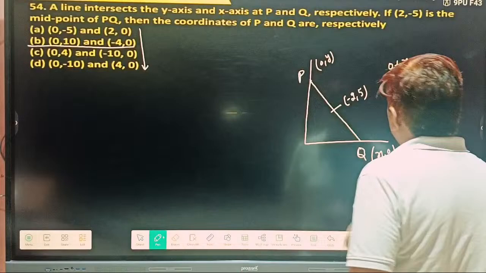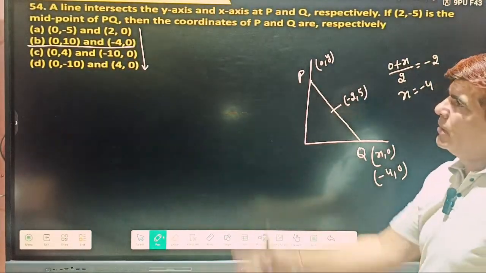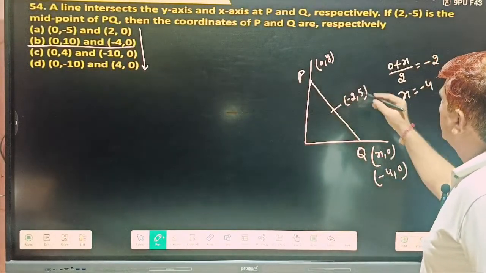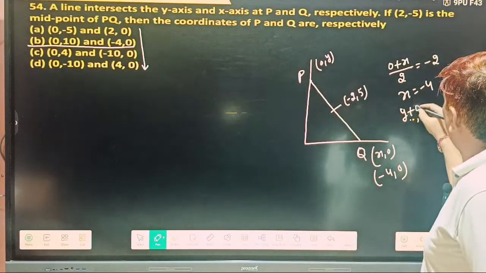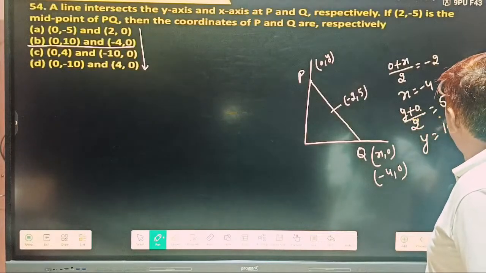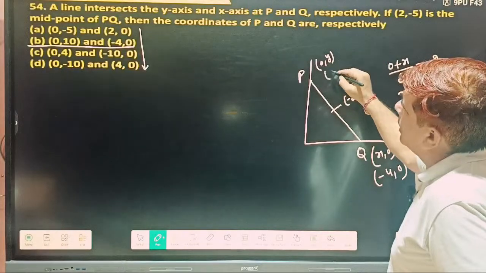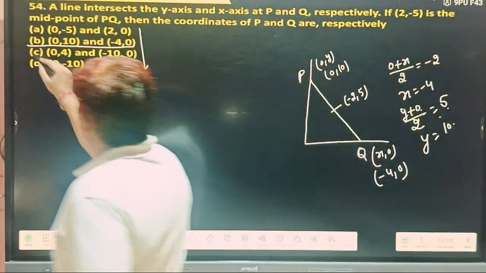Minus 4 and 0. If doing multiple choice in a competitive exam, directly say this is the answer. And if here, then y plus 0 by 2 equal to 5. So y equal to 10. So what are the coordinates of this? Here 0 and 10. So I told you this answer already.